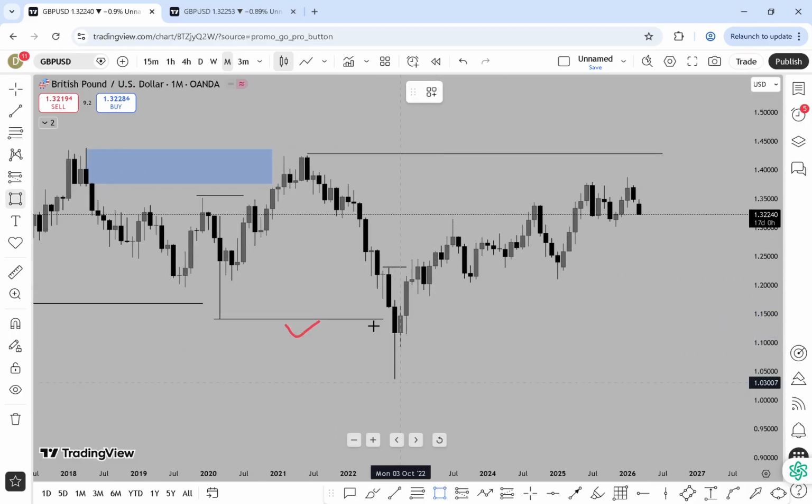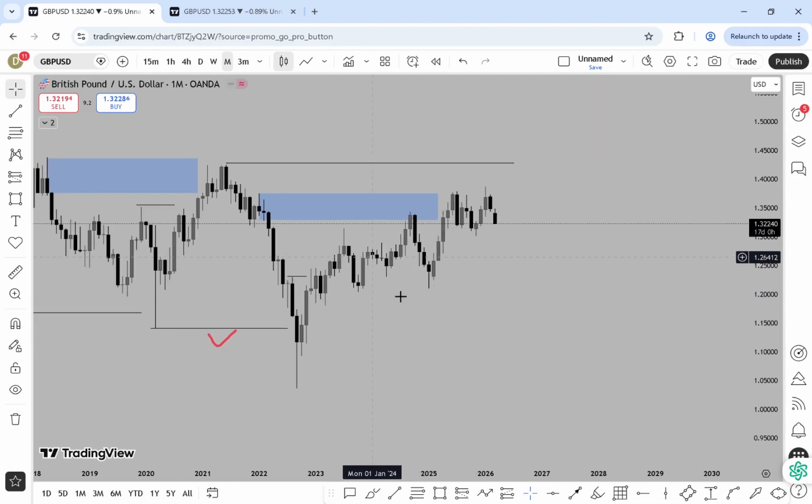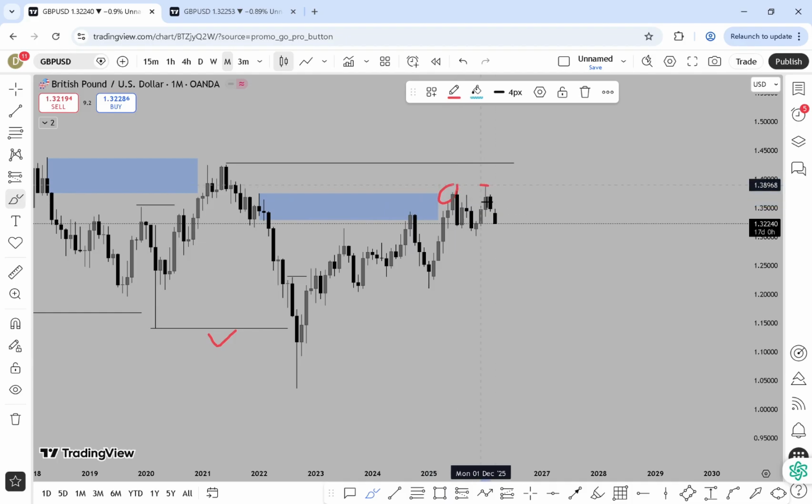Then we have to look for our other blocks. This is the only other block that I can find here, and you can see how nicely market is responding to that zone. Looking at monthly time frame, you can see that market has done something like a double top here. I don't really trade that, but I'm just using that to explain something for you guys.